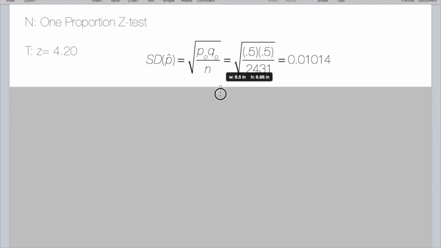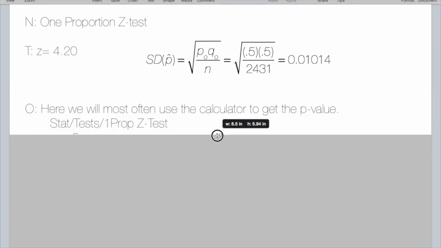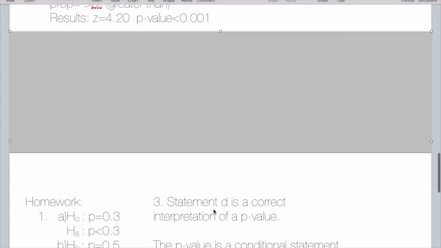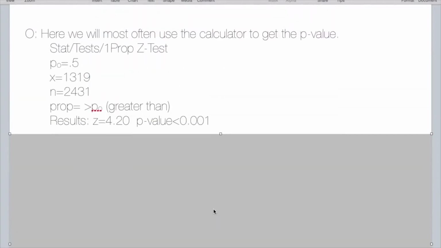The next part, obtaining my p-value, and so I kind of wrote down all the results that you would get from a p-value like that. And so it's under stat tests, one prop z test. You have a null hypothesis. That's what that p sub 0 means, the null. What's the proportion that you wrote down in the null, which we wrote down 0.5 because we assumed that they're equally likely.